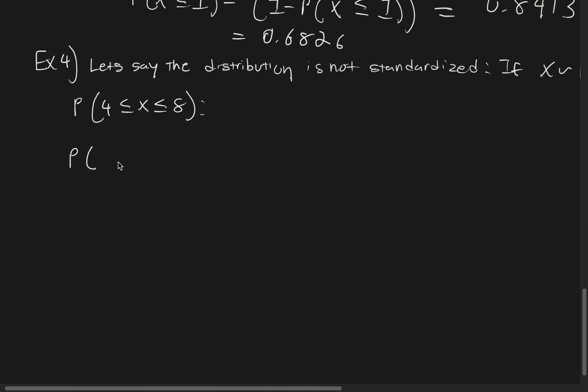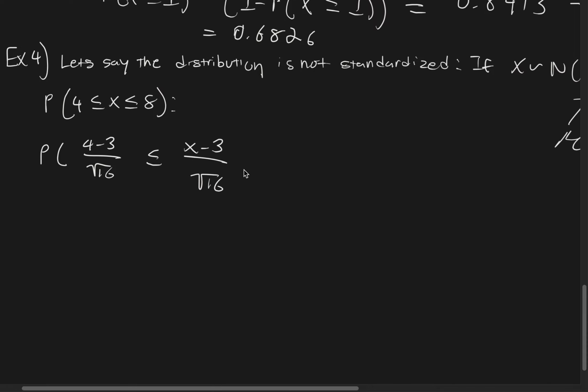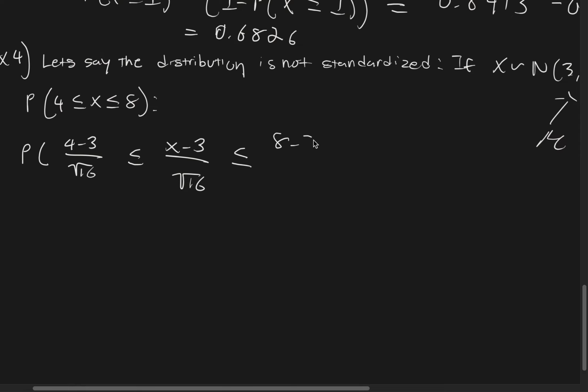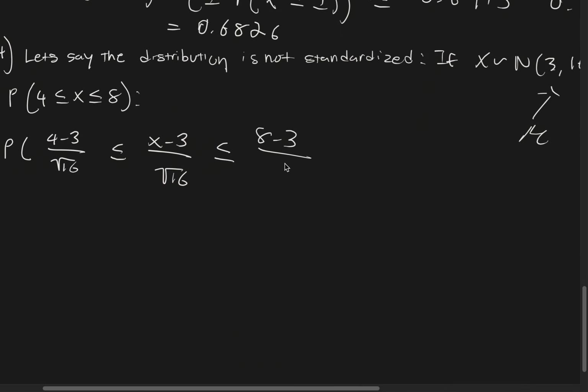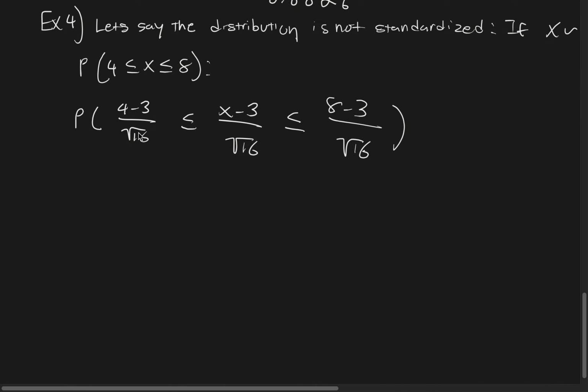The probability of 4 minus 3 over the square root of 16 being the lower value, and the upper limit being 8, standardizing it by subtracting 3 and dividing by the square root of 16. This comes out to be 1 over 4.